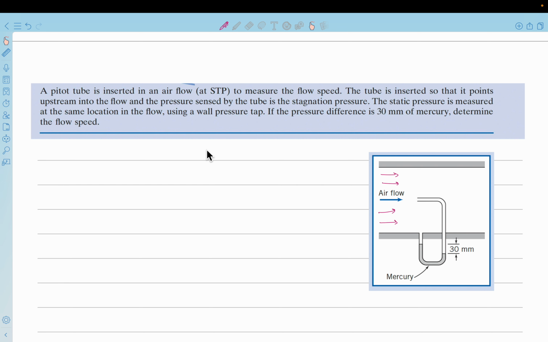So before we proceed to solve this question, let us first understand what is static and what is stagnation pressure. Static versus stagnation pressure. Can anyone tell me the difference?